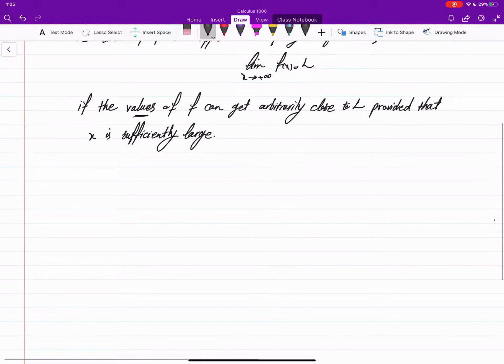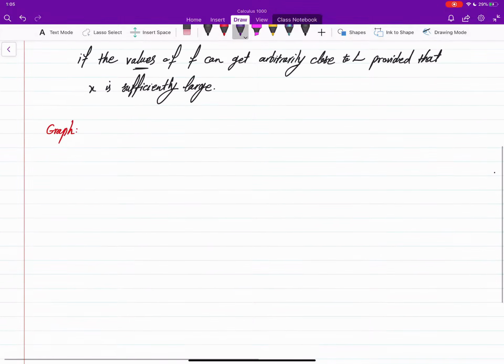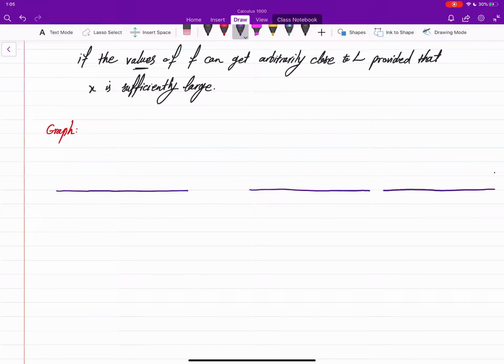In terms of the graphs of the function, let me just draw different possible cases. Let's say all these are y equal to L, the limit. So the function can get closer to L, something like this from above. As you see, as x goes to plus infinity, the function gets closer and closer to that.